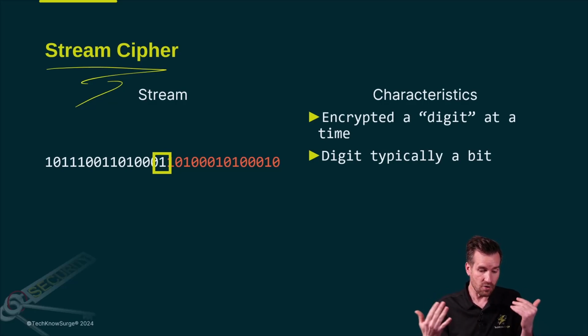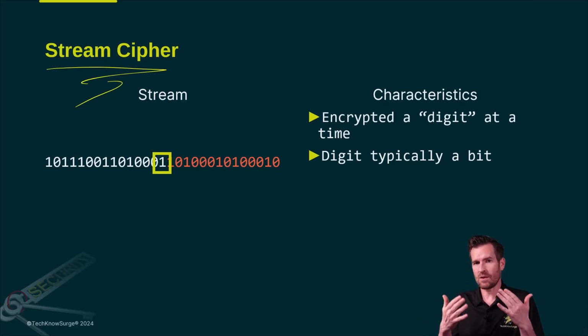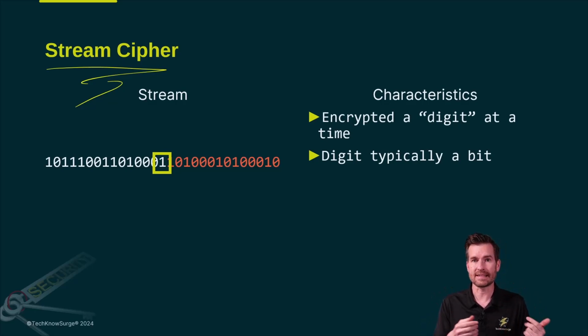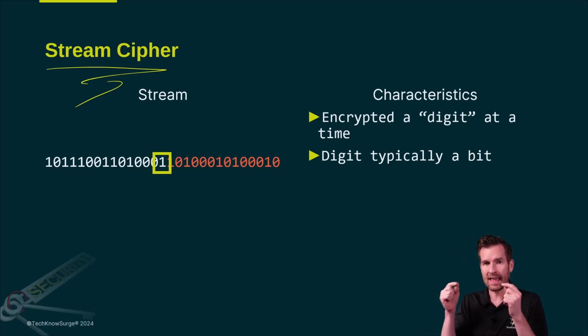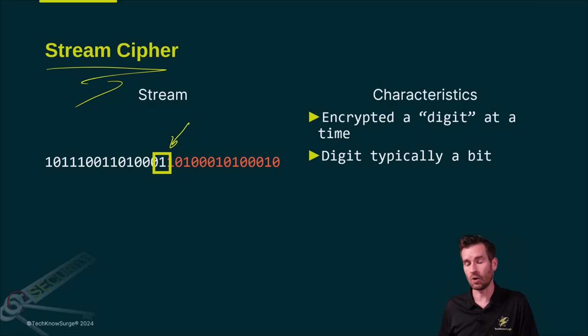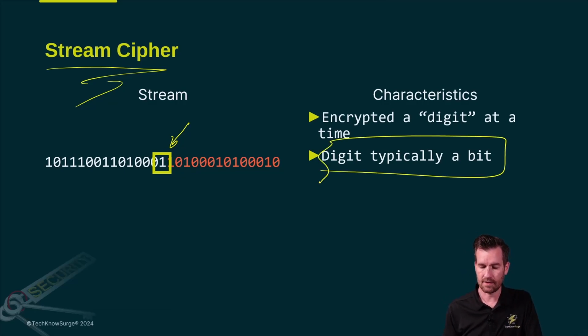Now, in reality, you could use this for a lot of different purposes, but a good use case for it is as things are going by, that's when it's encrypting. That's why it's encrypting at a much smaller level, at the bit level or maybe at the byte level. Bit is the more typical one out of the two, and it encrypts a bit at a time.